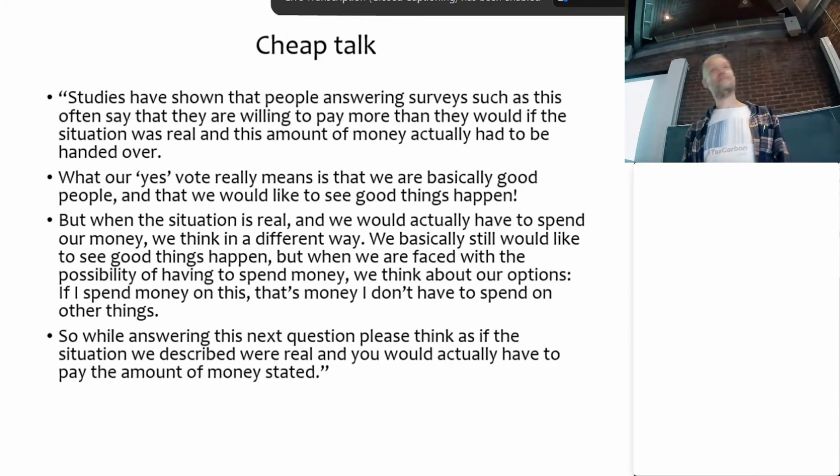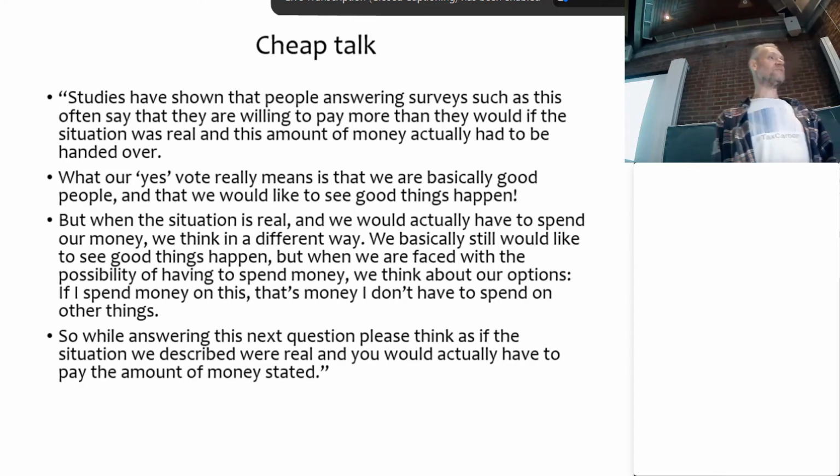You make the questionnaire longer, or the interview longer, but you throw in language such as studies have shown that people answering surveys such as this often say they're willing to pay more than they actually would if the situation was real and this amount of money actually had to be handed over, right? To remind them to please consider, and so on and so forth.